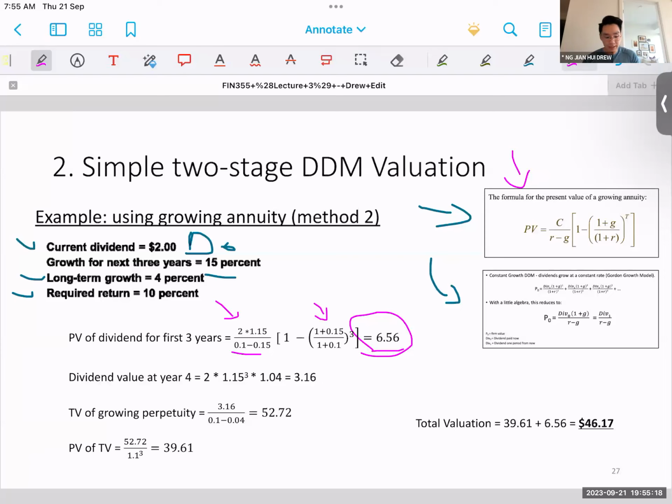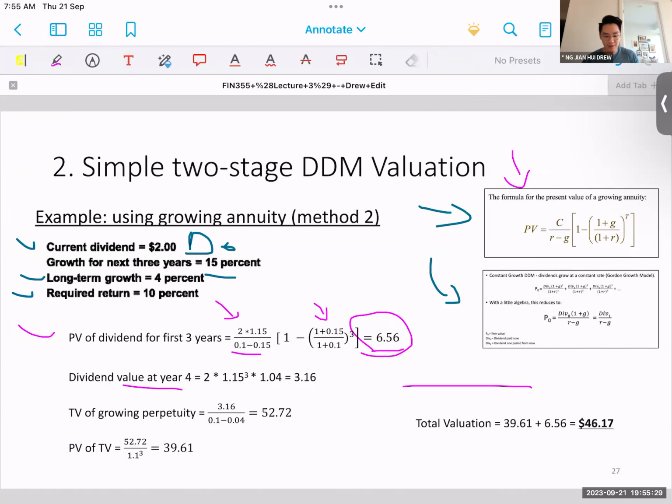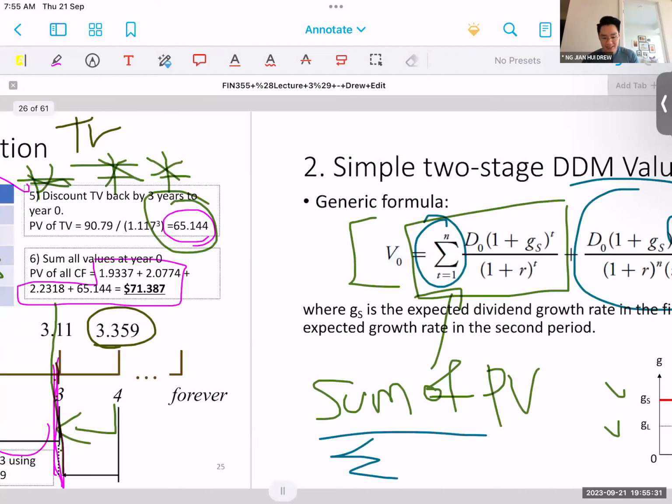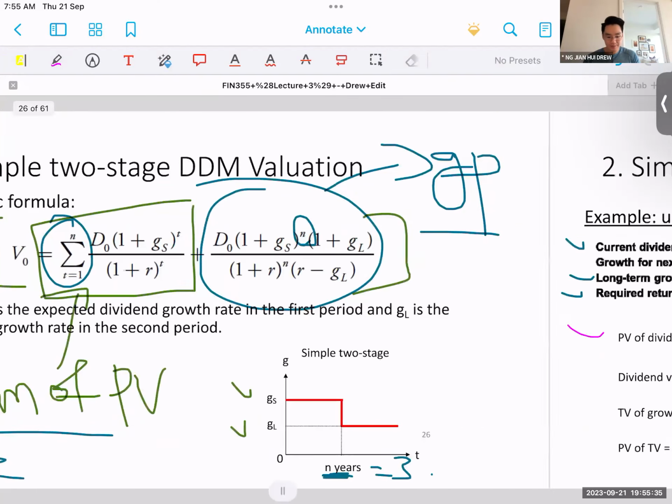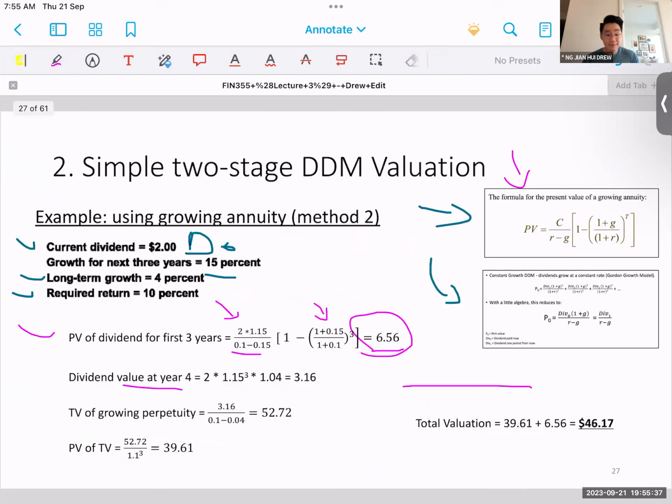Now that you have calculated this, we need to find the dividend value at year 4, right? Remember the line. I'll not draw the line, but I'll just flip over. Remember this line here. You need to calculate what's year 4. So we calculate the dividend value at year 4, right?